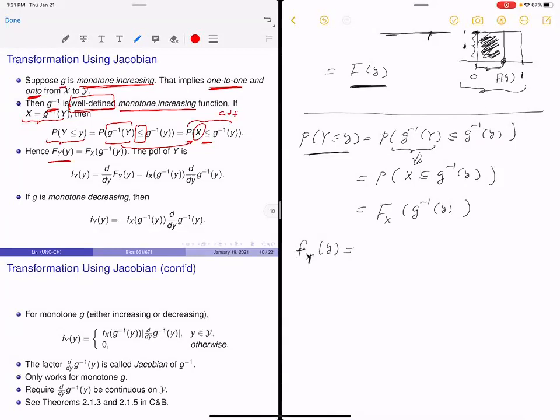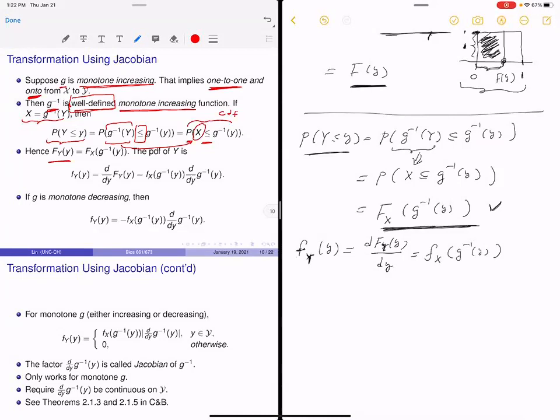Again, I have my CDF expressed in this way, then deriving the PDF is nothing but taking the derivative. Applying the derivative on the CDF of x, the CDF becomes the PDF, and the inside stays the same.